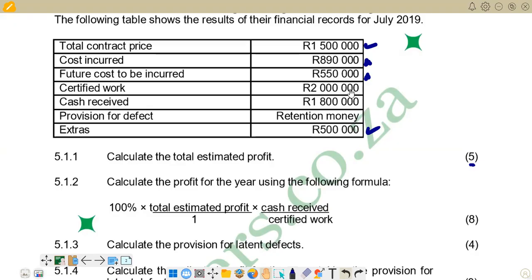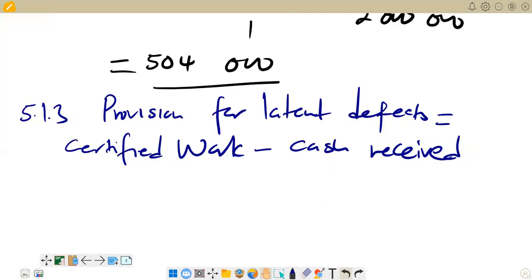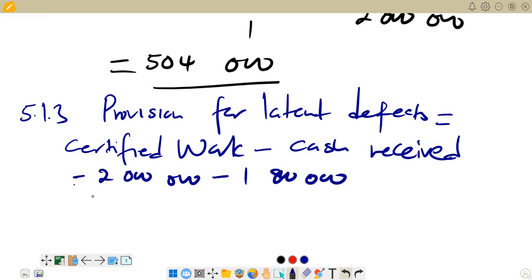So we are going to say 2 million minus 1,800,000. So we go back to substitute those figures. We are saying 2 million, then we subtract 1,800,000. So we calculate that one, we get 200,000.